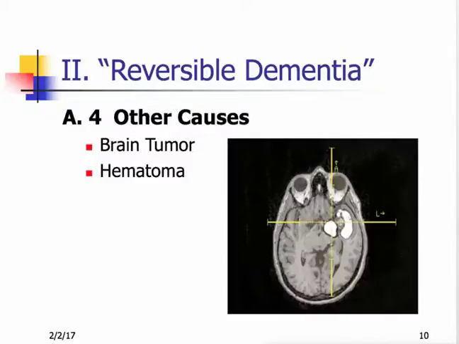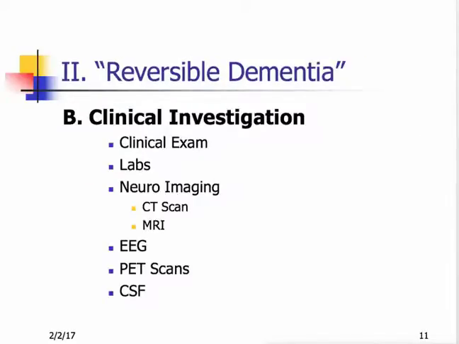So now in terms of other causes or other reversible dementias, normal pressure hydrocephalus I just talked about, brain tumors, hematoma, other things placing pressure on the brain. So the clinical exam, and I have a couple different items that I've placed in this week's folder.